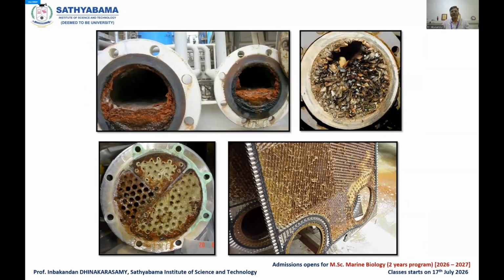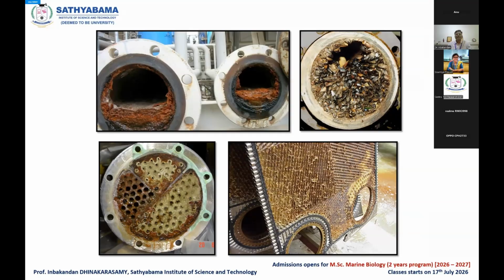And these are examples where the power plant industry is being affected because of this marine biofouling problem. Those power plants, especially like Kalpakkam, where our Madras Atomic Power Station is there, are utilizing seawater as a secondary coolant.